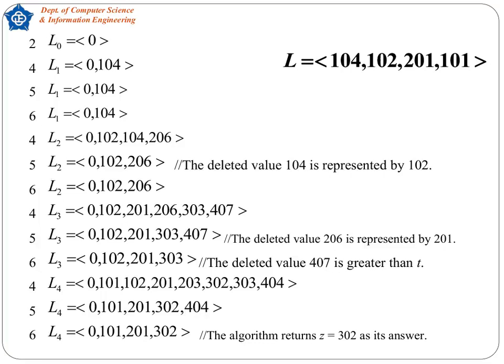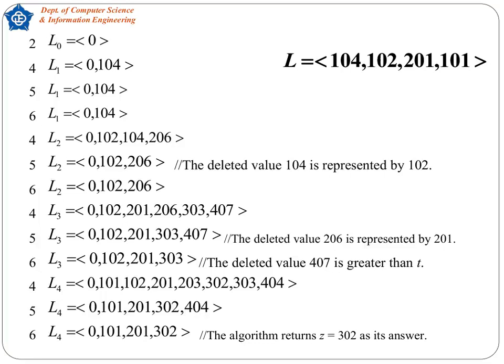The deleted 104 is represented by the new 102. Moving to L3, we insert 201, replace 206 with 201, and drop 407 since it exceeds our cutoff, ending up with ⟨0, 102, 201, 303⟩. Finally, at L4, we arrive at ⟨0, 101, 201, 302⟩, and the algorithm returns 302 as its answer.